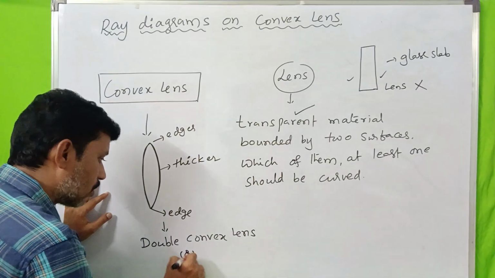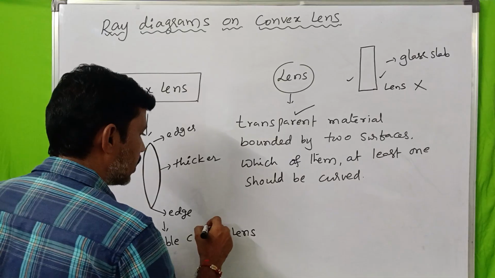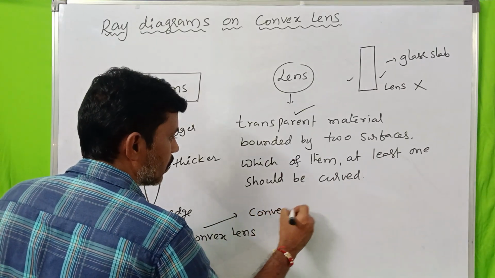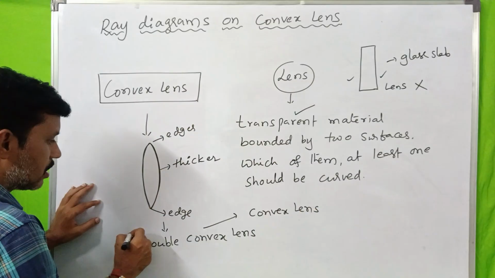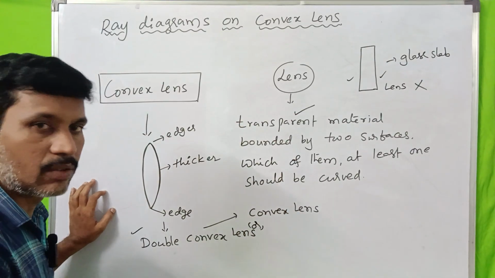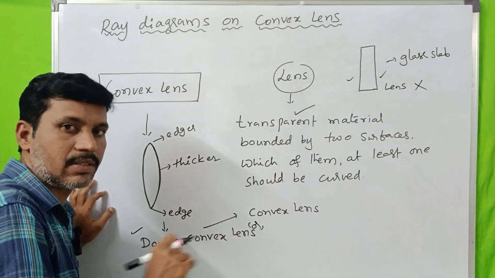It is generally called simply a convex lens. So whenever there is a convex lens, it means a double convex lens.